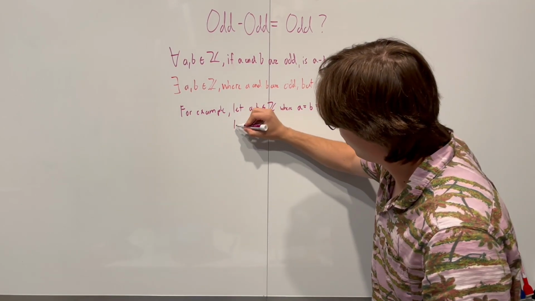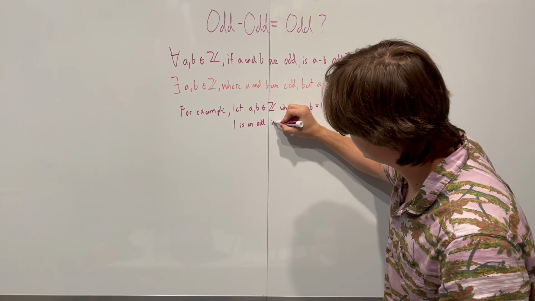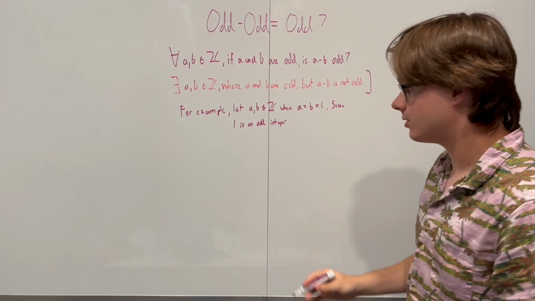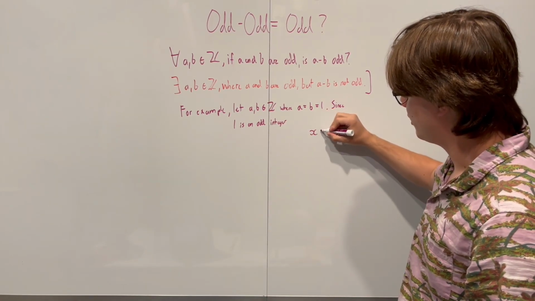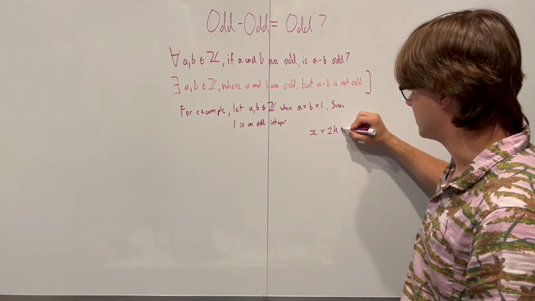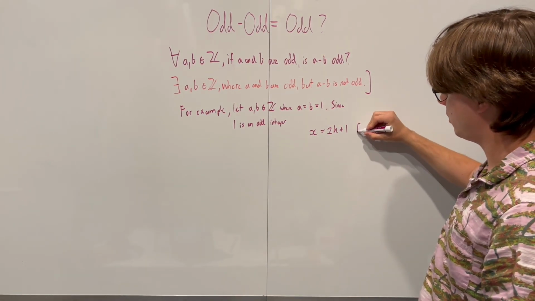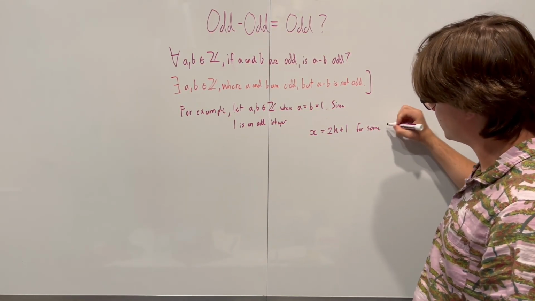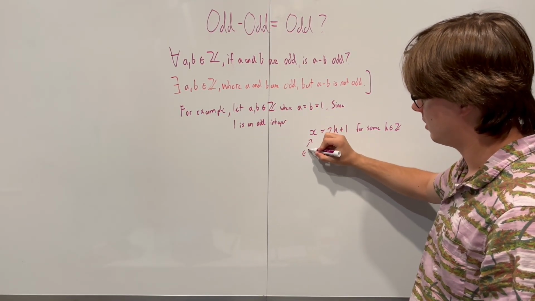Since 1 is an odd integer, if you want, you can prove 1 is an odd integer by plugging 1 into our definition of an odd integer, where an odd integer is defined as any integer x, such that x is equal to 2k plus 1 for some k that has to be also an integer, and x is an integer.